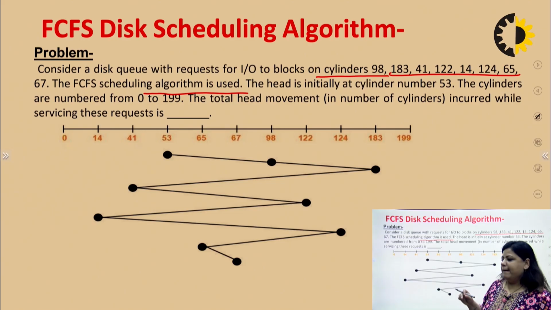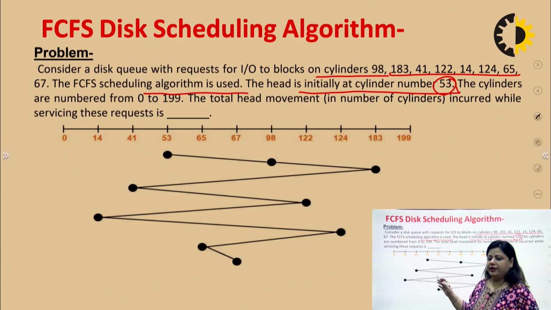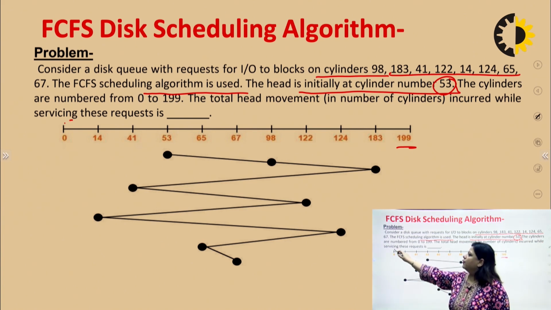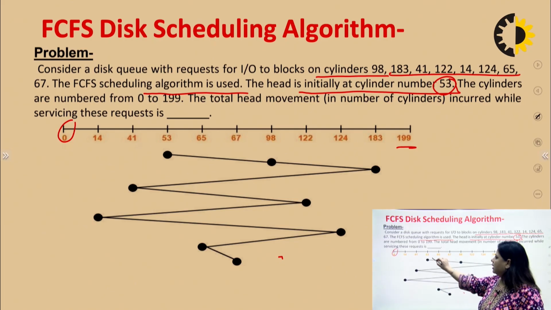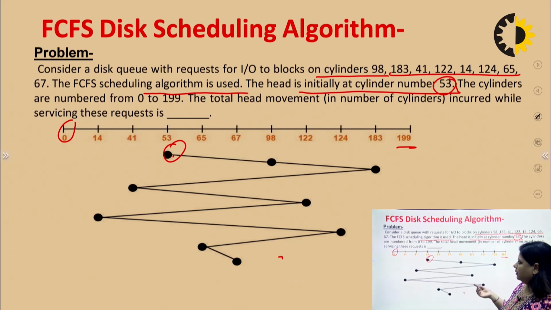It is also given that the head is initially at cylinder number 53. First of all, in this data set, we initialize the line from 0 to 199. 0 is the initial point and 199 is the end point. Our head is initially at the position 53.